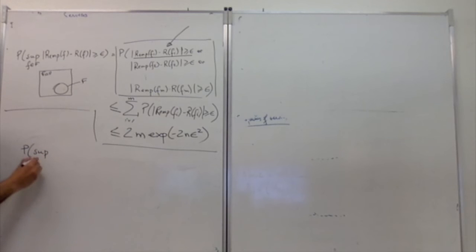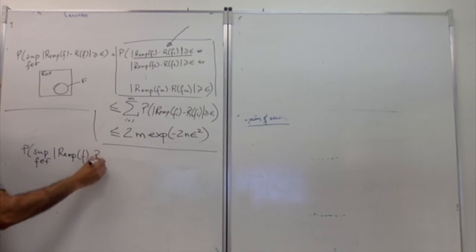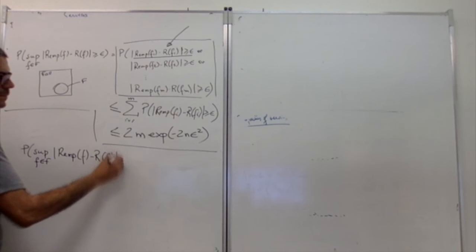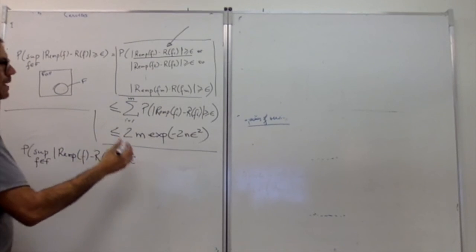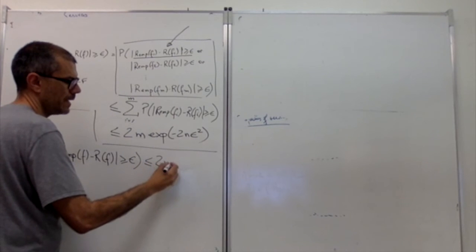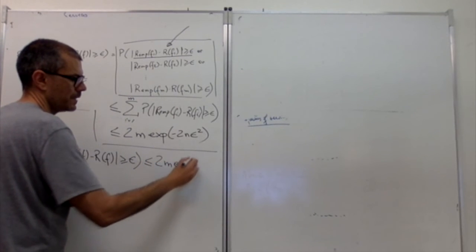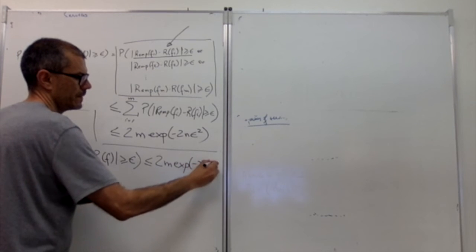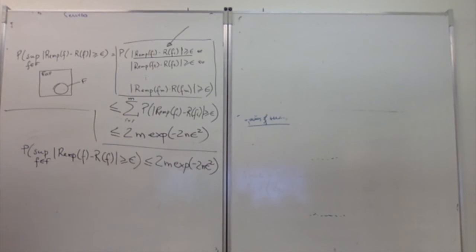We have the supremum for f in F greater than or equal to epsilon, and this is the most usual way people see in books and papers. This is going to be upper limited by 2 times m, the exponential of minus 2n epsilon squared. In fact, now we have the typical way of showing statistical learning theory.